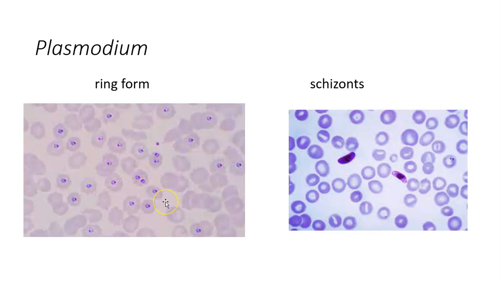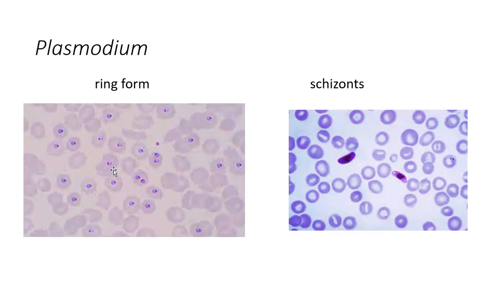And out of those 100 red blood cells, how many had the parasite in them? You can see that lovely little ring form. I can tell you right now, this is Plasmodium vivax just by looking at it. It is not falciparum because that does it a little differently. The one that just forms lots of ring forms like this is Plasmodium vivax.